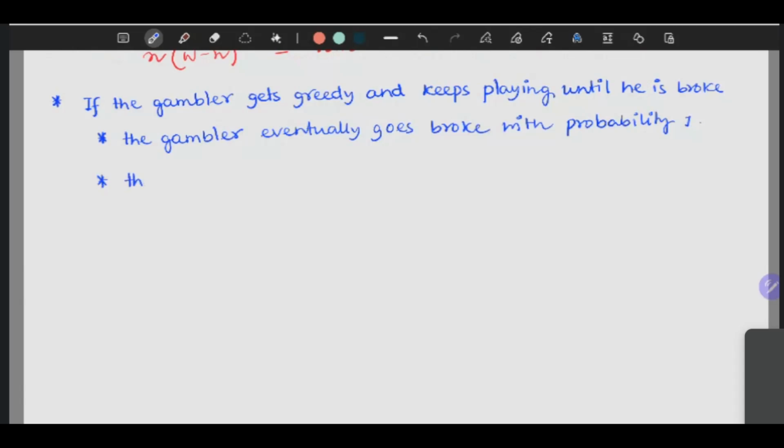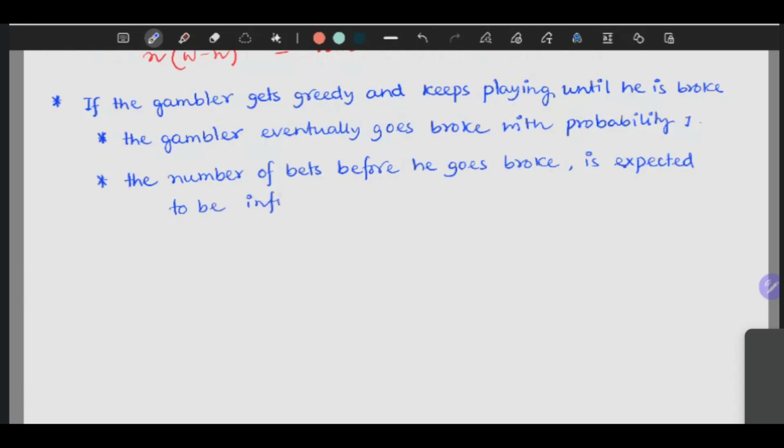So if he is greedy and continues playing, he will be broke at some time. But the number of bets before he goes broke is expected to be infinite.